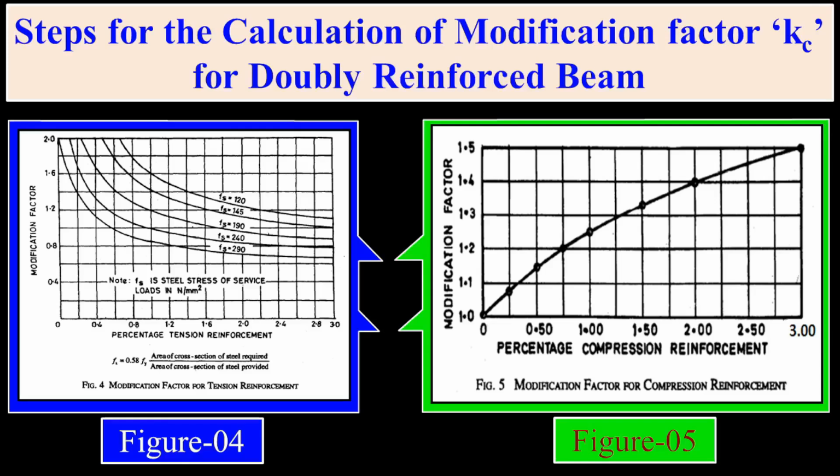This KC value then has to be multiplied with the basic effective span to effective depth ratios, those L effective by D effective ratios we discussed earlier, to obtain the final, modified effective span to effective depth ratio. Therefore, we can state the relationship as effective span to effective depth ratio equals KC multiplied by basic effective span to effective depth ratio, which implies effective span equals KC multiplied by effective depth.